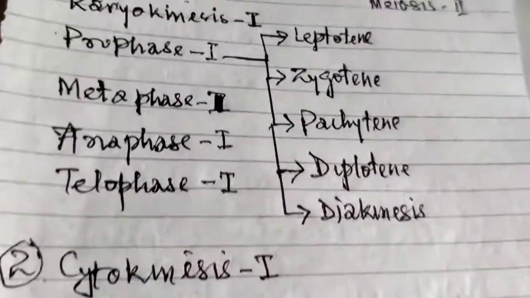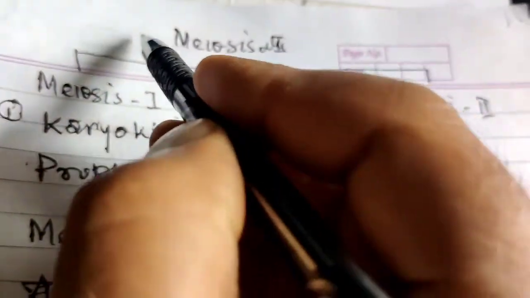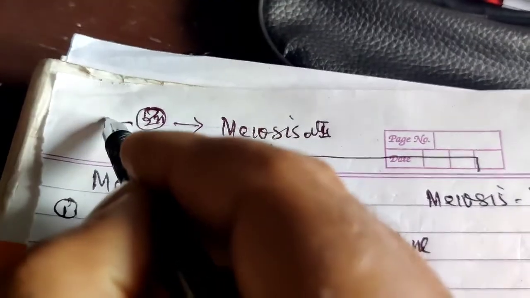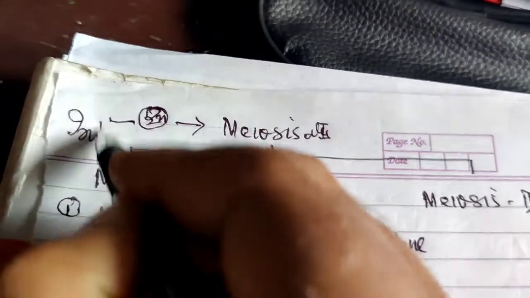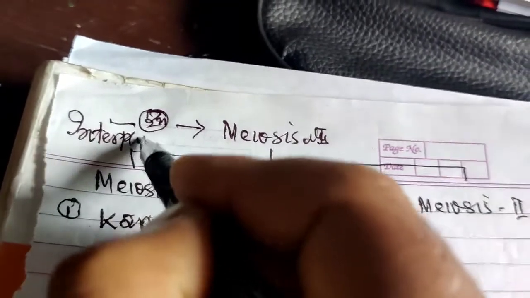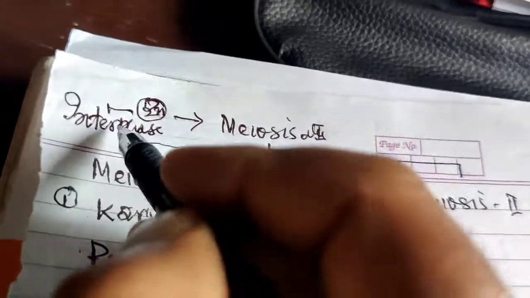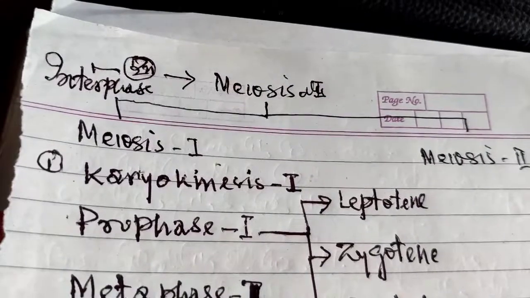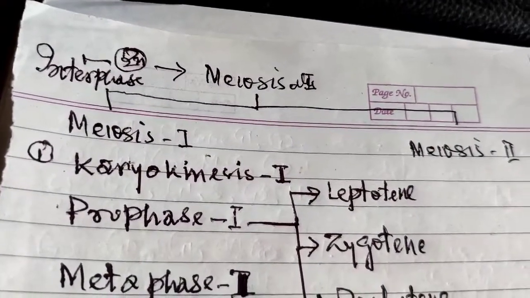See, when we say meiosis, the cell, which is basically 2n, which enters this meiosis, first undergoes interphase, where it prepares itself for the cell division, as we have seen in the cell cycle in mitosis, right?